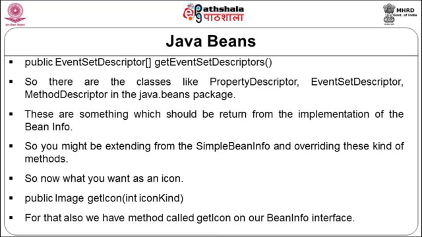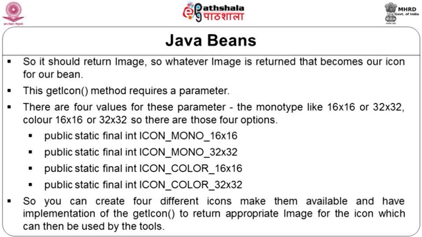The parameter value can indicate that the tool is going to require the icon to be monotype 16 by 16 or monotype 32 by 32, or it has to be a color 16 by 16 or a color 32 by 32. So, there are those 4 options. So, maybe you may create 4 different icons like that, make them available and have the implementation of the getIcon method return the appropriate icon, which can then be used by the tools.